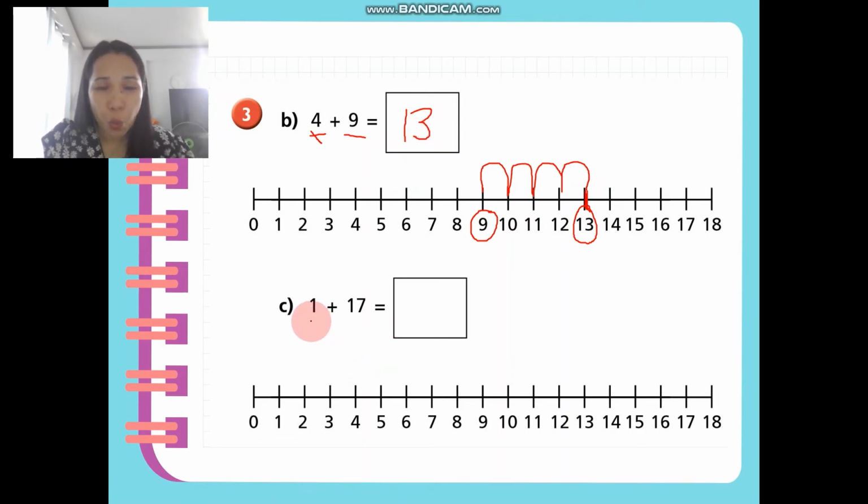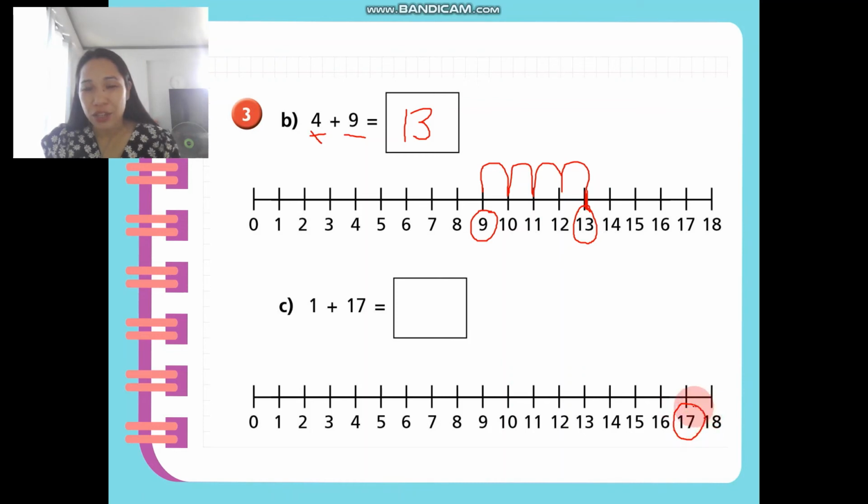What about 1 plus 17? Wow, if I'm going to start from 1, it's going to be a lot of jumps, like 17 times. I have to jump 17 times. That's a lot of jumping. I don't want to do that. So what I'm going to do is look for the bigger number. Which one is bigger, 17 or 1? You are right, 17 is bigger.